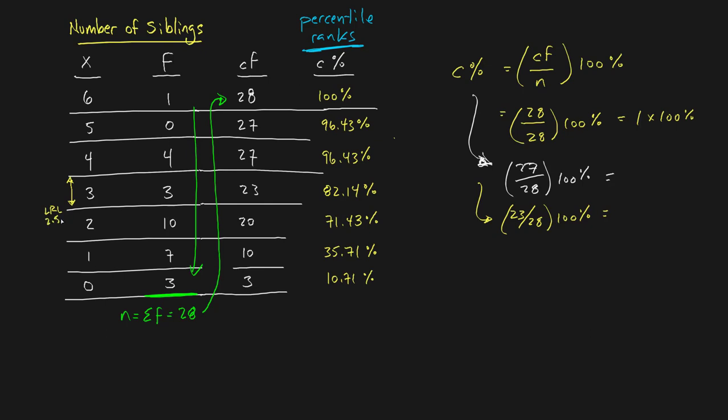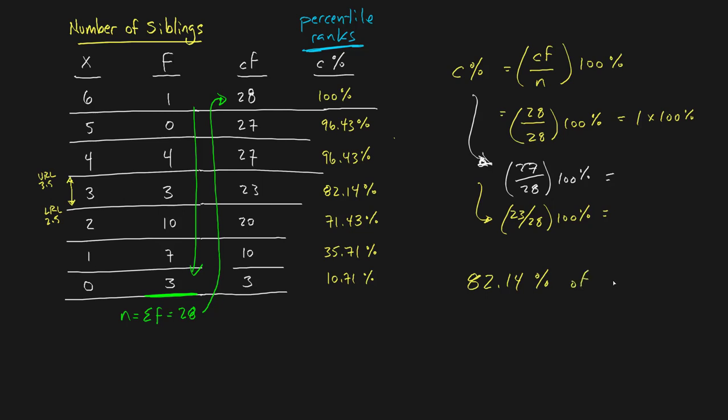Remember, to get to the lower real limit of a number like 3, you have to go a half step below. So 2.5, this category stretches up to an upper real limit of 3.5. So if I want to talk about 82.14% being less than or equals to this category, well, anybody who has reported a score up to 3.5 is in this category.